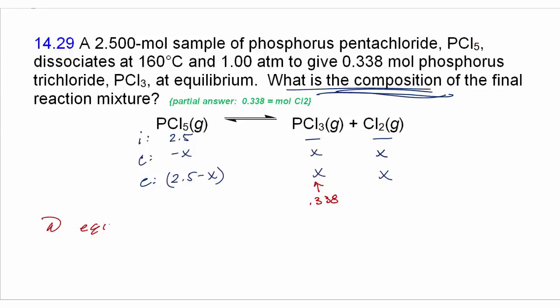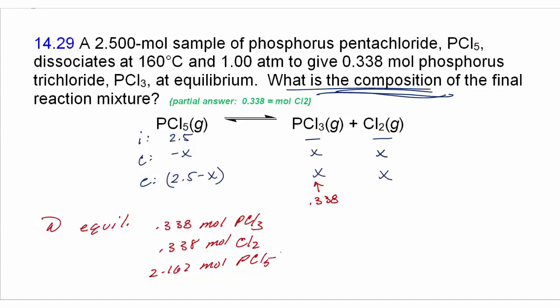So I can write my answers. At equilibrium, I'll have 0.338 moles of PCl3. I'll have 0.338 moles of chlorine, and 2.5 minus 0.338 is about 2.162 moles of phosphorus pentachloride.